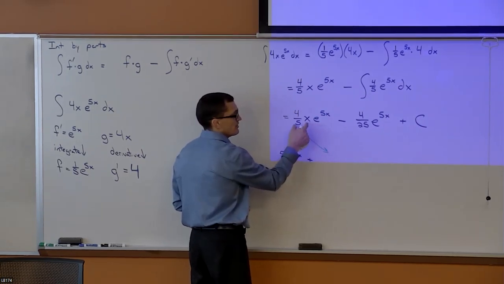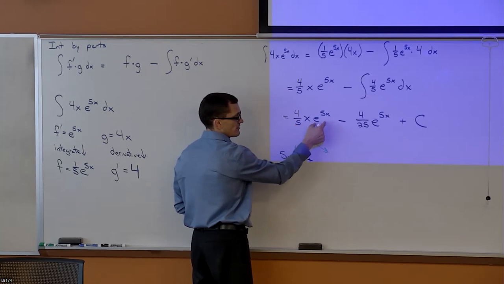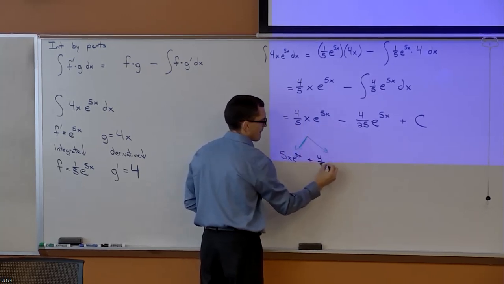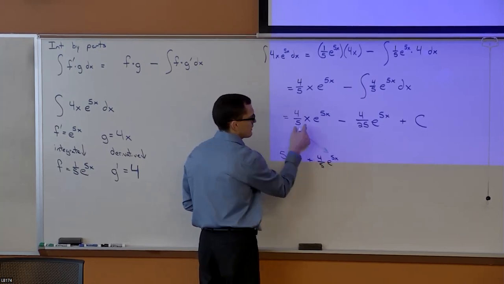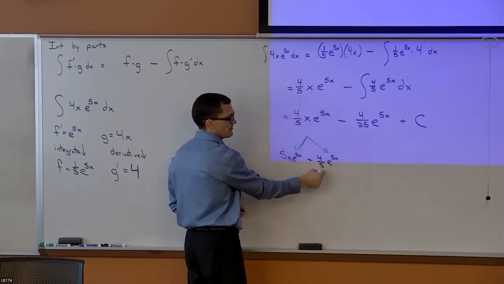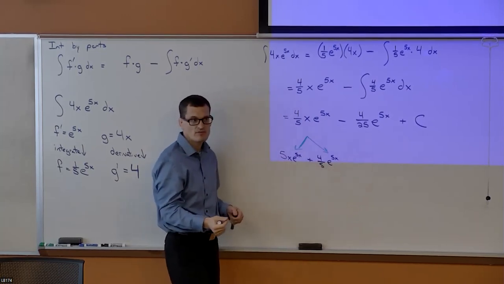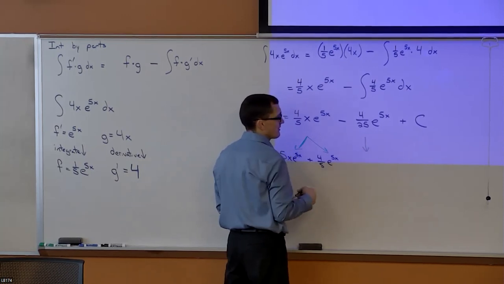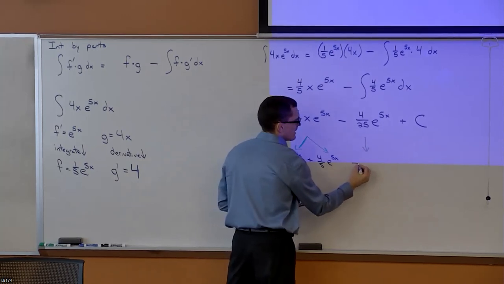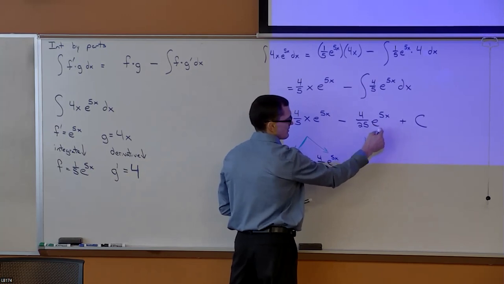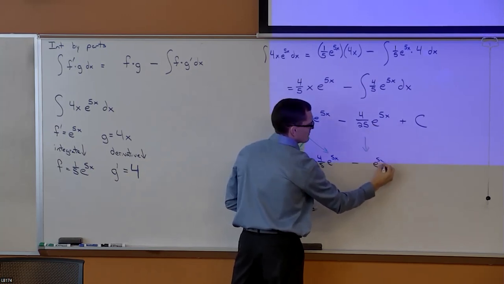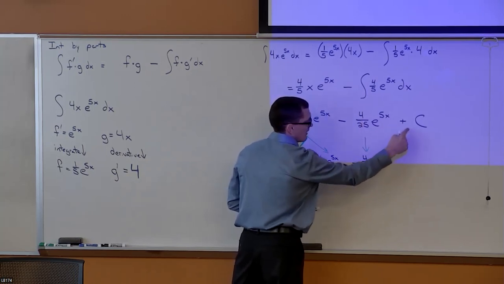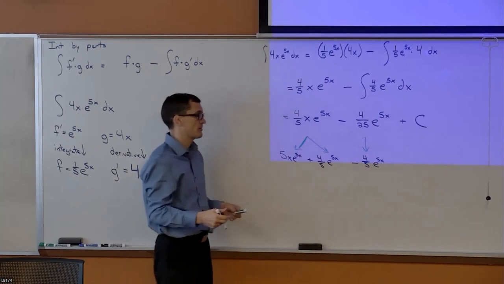And then you do a derivative of 4/5 x times normal e to the 5x. Derivative of 4/5 x is just 4/5 times normal e to the 5x. And then when you take a derivative here, you get negative, derivative of e to the 5x is e to the 5x times 5. If I multiply that by 5, I get 4/5. And then the plus c gives you 0.